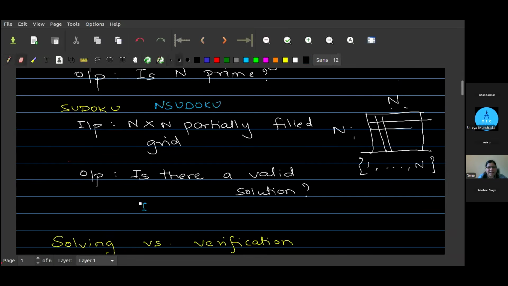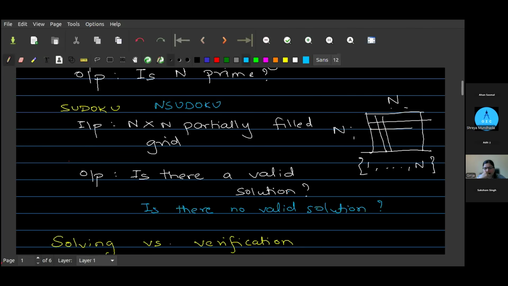Is there no valid solution, something like this? Okay, so what is your claim now? If Sudoku is in NP, then this problem will have the no verification done. Yes. Okay, does everybody see this, or is there any question?